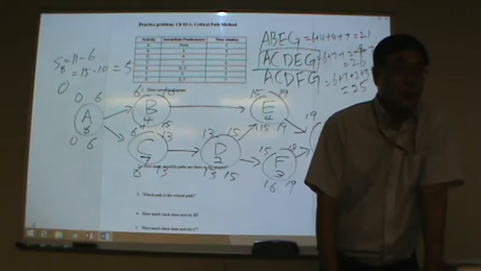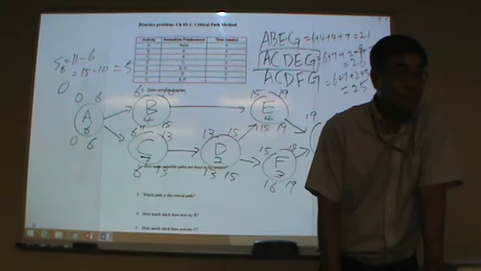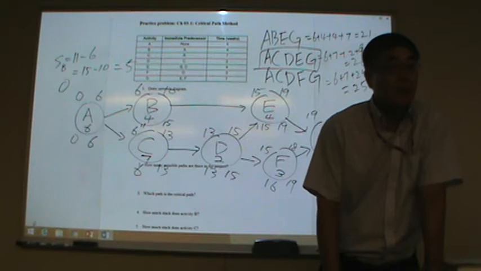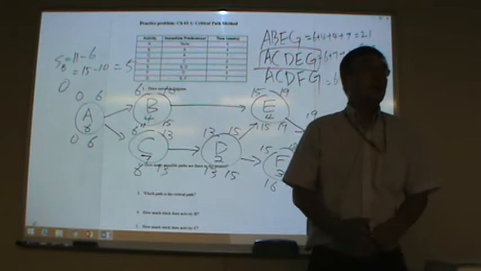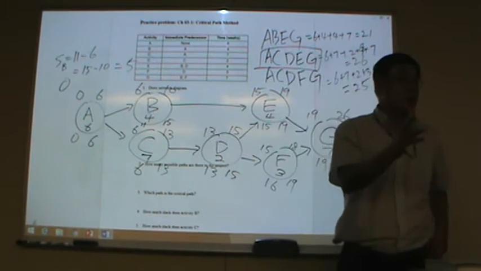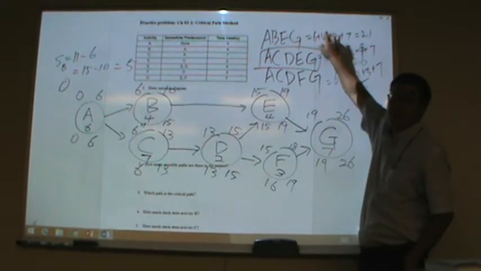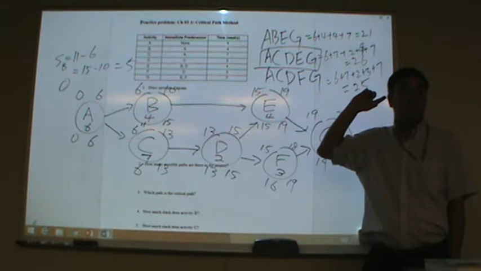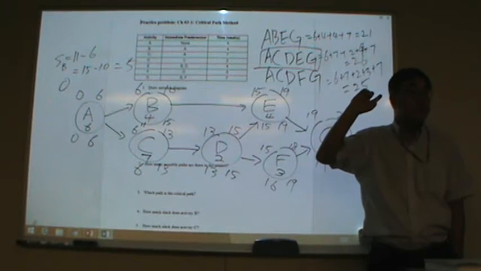Finding early start, early finish, late start, late finish time. Confused, right? Good news. I will not ask about that when you take a quiz and the final. But you need to find the critical path using this method, adding up. Okay? We can do that.